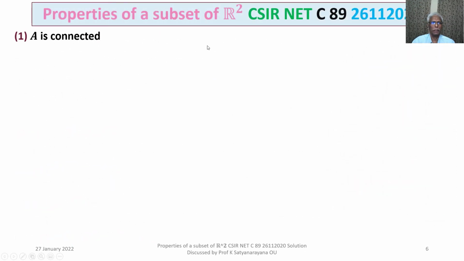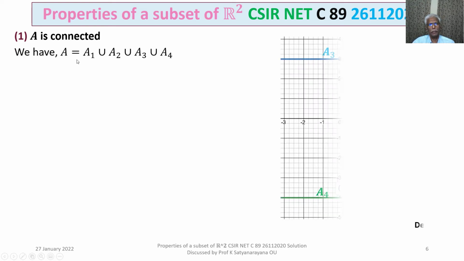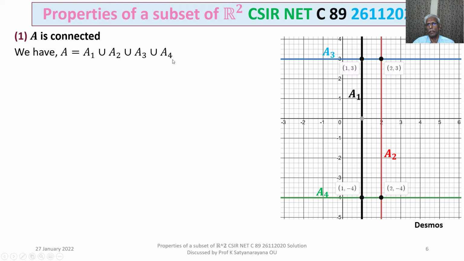We first take the statement given under option 1. A is connected. We see whether it is true or not. We have A is equal to A1 union A2 union A3 union A4. The diagram is given here. And note that each Ai, that is A1, A2, A3, A4, they are all connected.